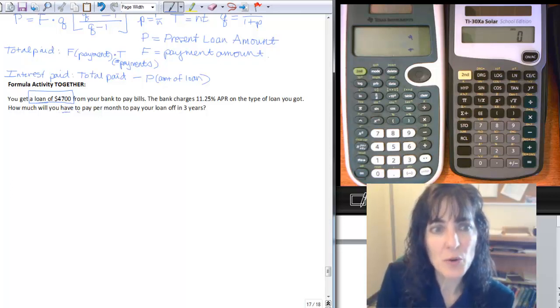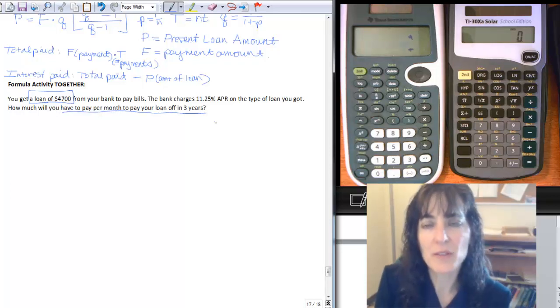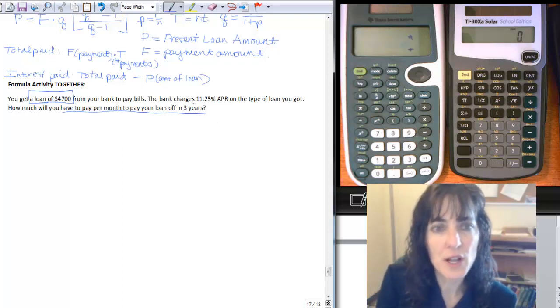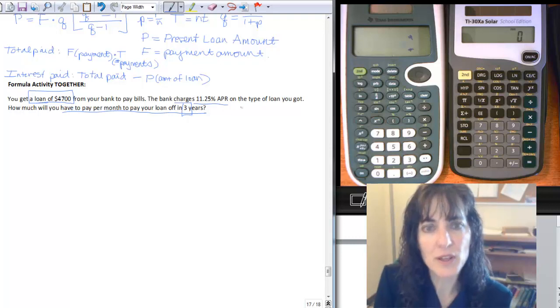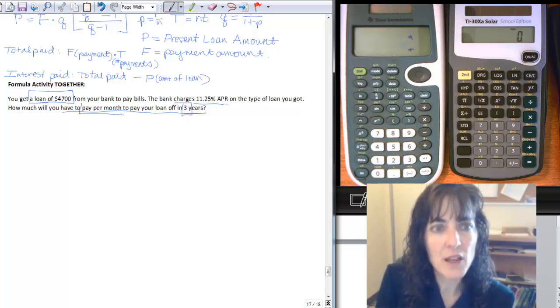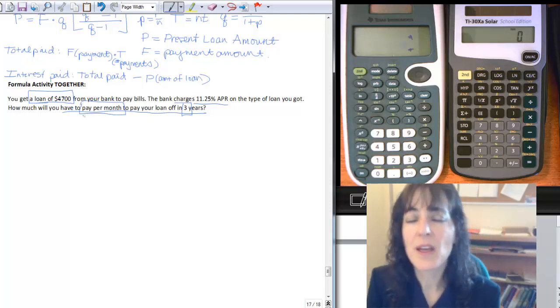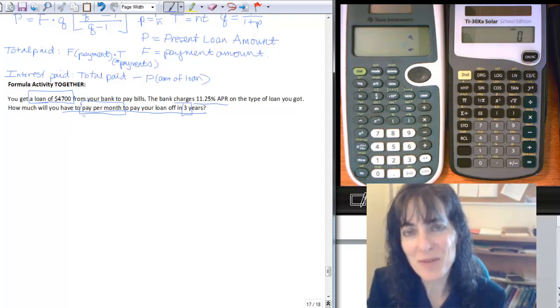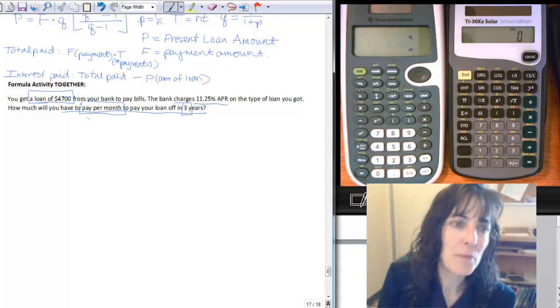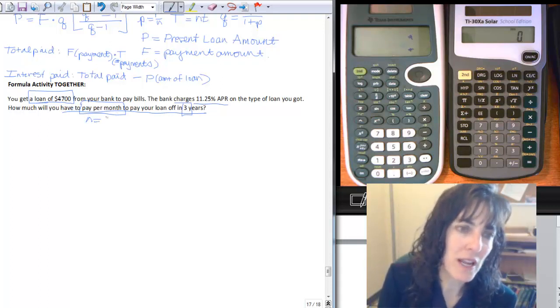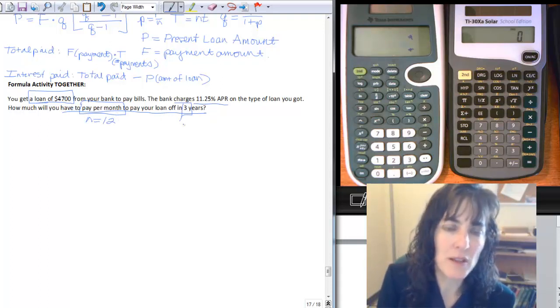We want to know how much we will have to pay per month to pay off the loan in 3 years. So here's our interest rate and here's our number of years, and we are paying per month. That clinches it for me. I'm definitely talking about installment loans because I'm making monthly payments. So this tells me also that my N is 12 because it's monthly. My T is 3.